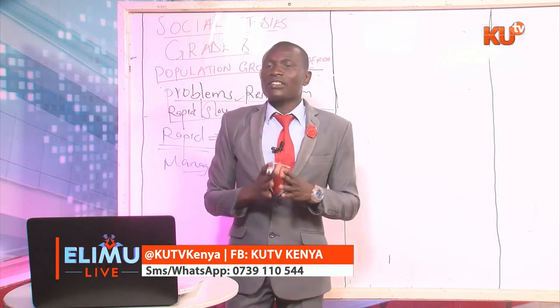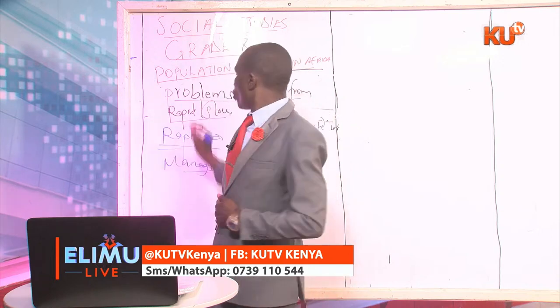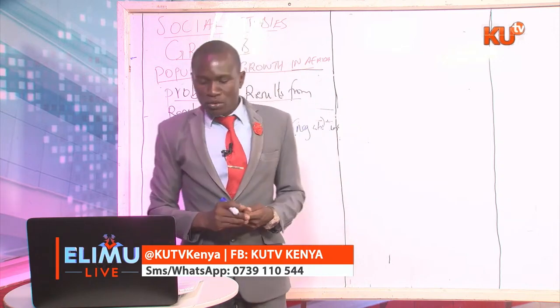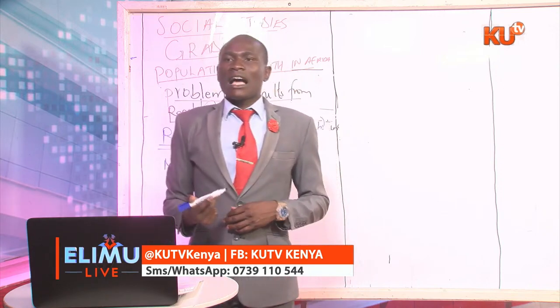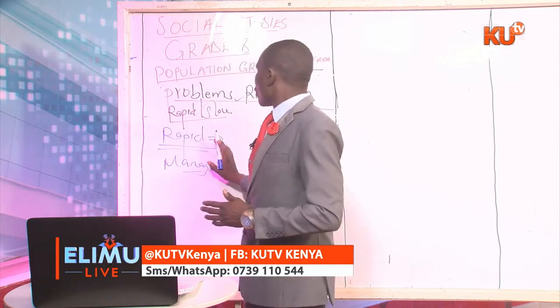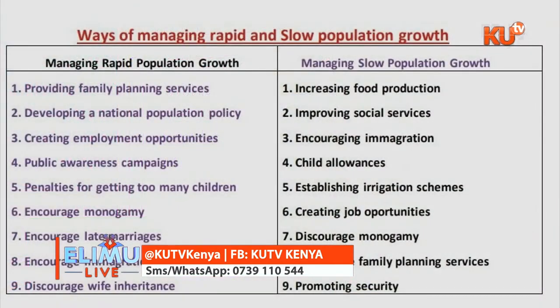So those are some of the things that will help us manage rapid population growth. And lastly, encouraging monogamy, marrying one wife. And you see, these points are contrary to those for slow population growth.